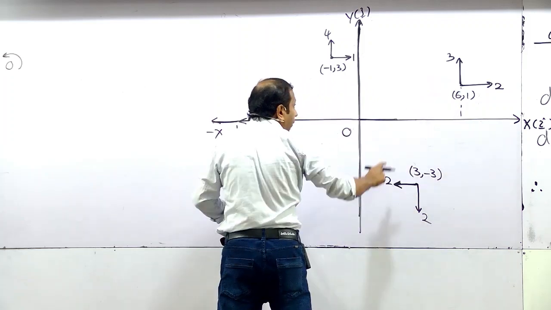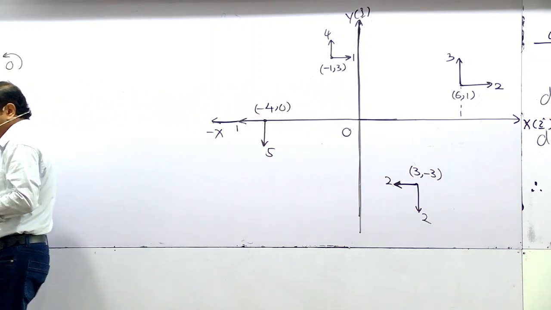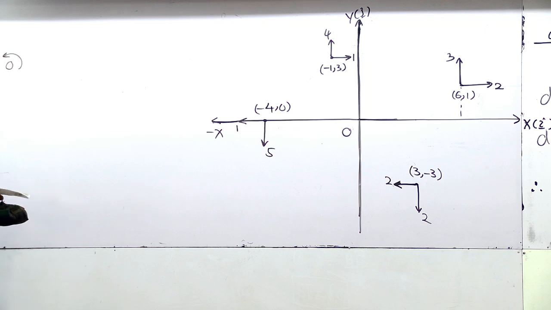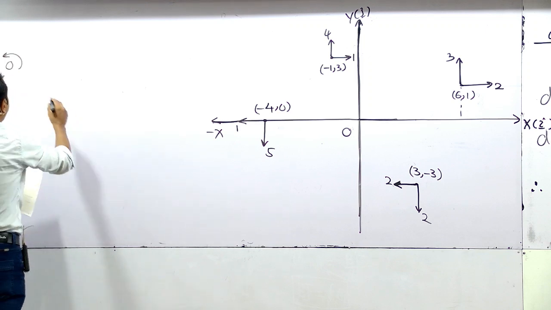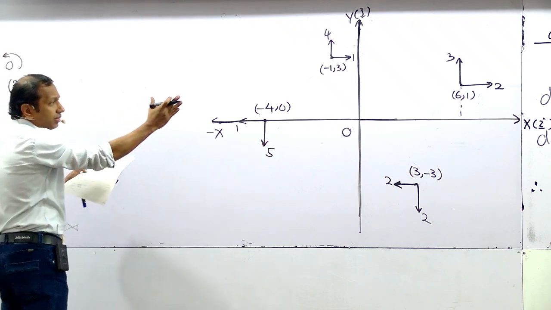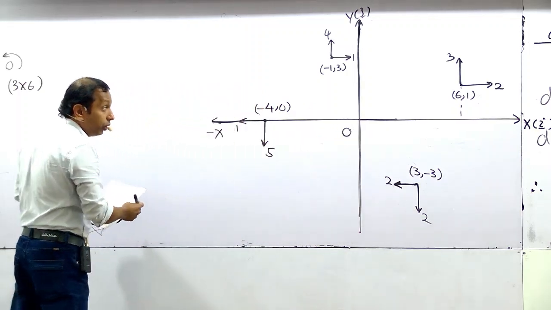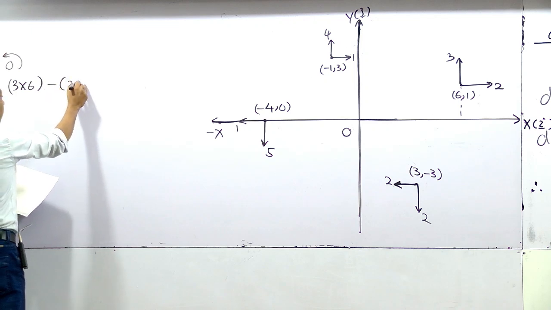3 into 6. By 2, what is the sense? Clockwise, right? Take the moment. 3 into 6 gives anticlockwise moment. 2 gives clockwise moment: minus 2 into 1.